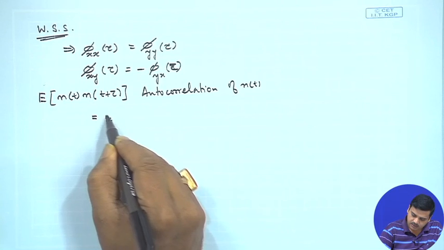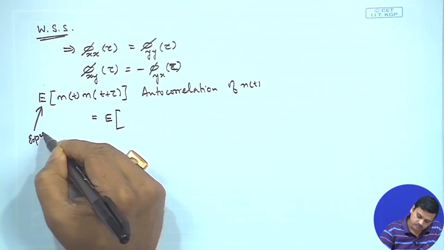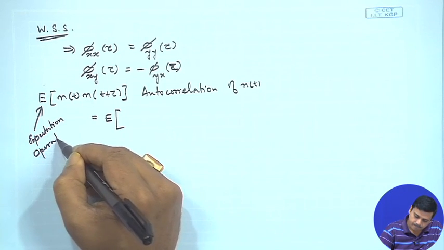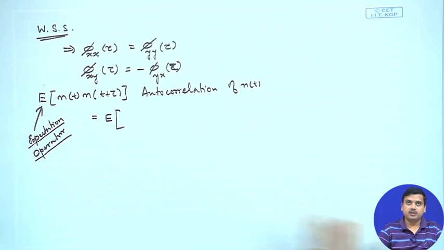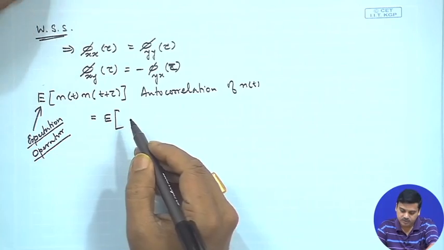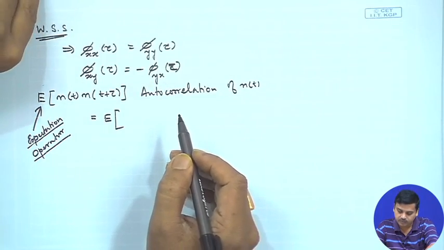E is the expectation operator, which means that you are taking the ensemble mean, that means over the PDF. We would use an expression of this kind of form, and we will be using that form to arrive at the autocorrelation and power spectral density.